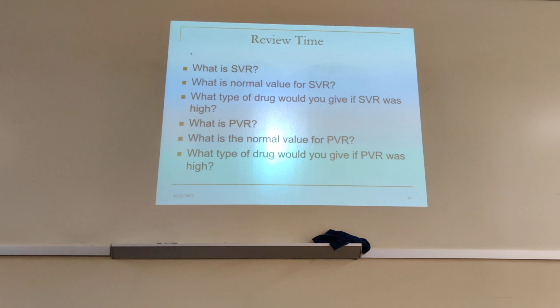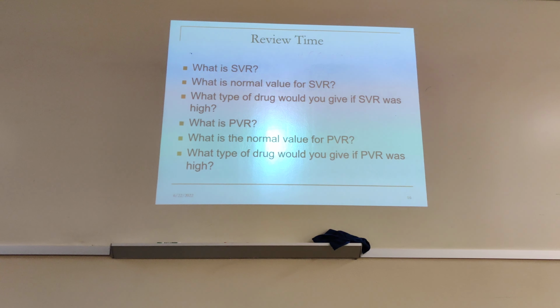So let's review here. What is SVR? The afterload of the left side of the heart. What is the normal value for SVR? 800 to 1600 dynes. What type of drug would you give if SVR was high? Well, I would give a systemic vasodilator like nitroglycerin and nitroprusside sodium, or nipride as they call it sometimes.